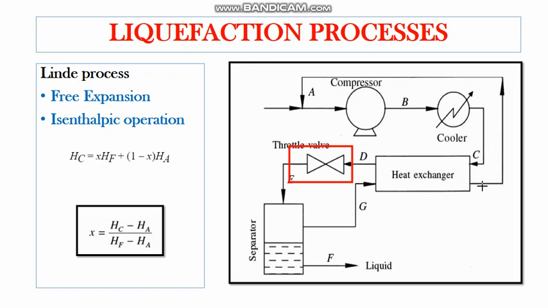Here you have the heat exchanger, an additional heat exchanger. Then the throttling process. Again, here your liquid is separated. The part that is not liquefied is sent back in the reverse direction. So the unliquefied gases are sent back as a recycling process.